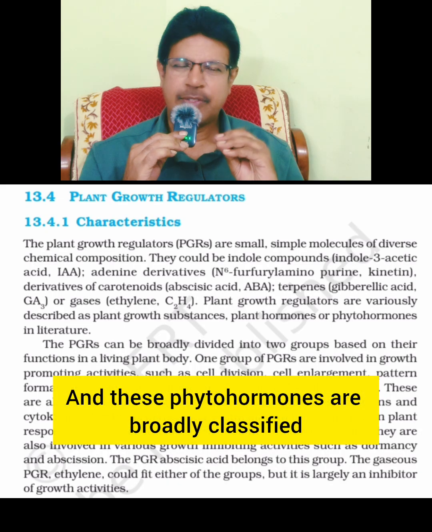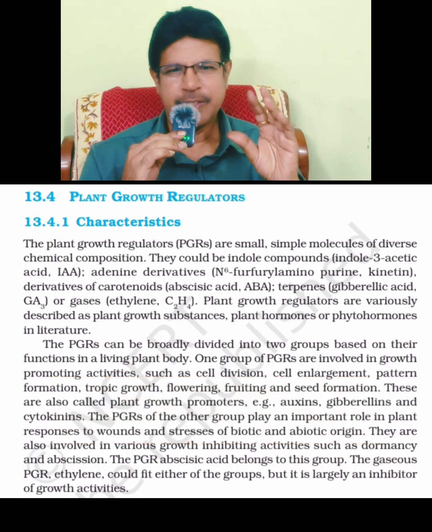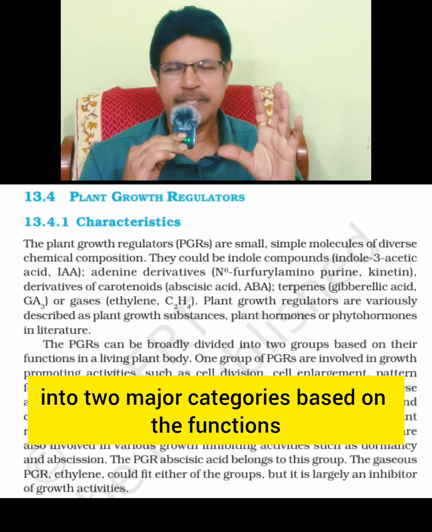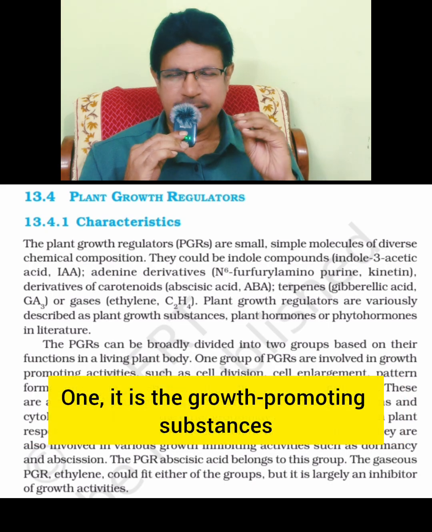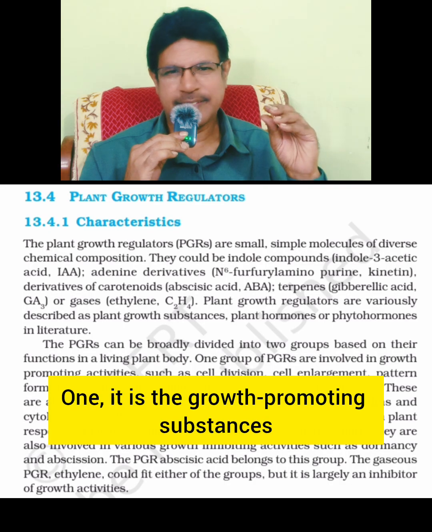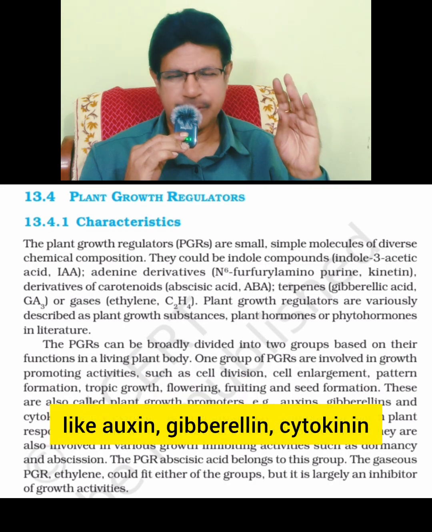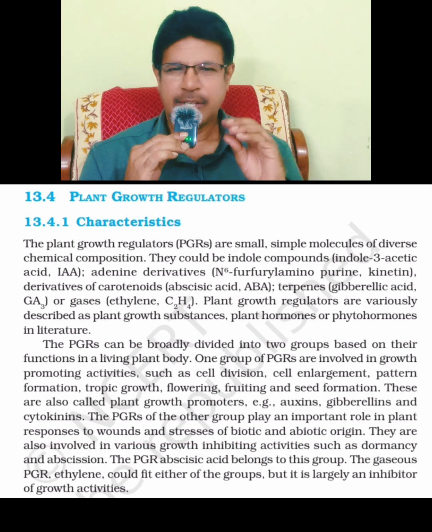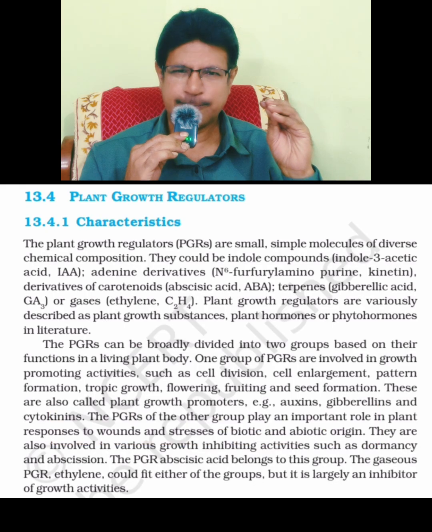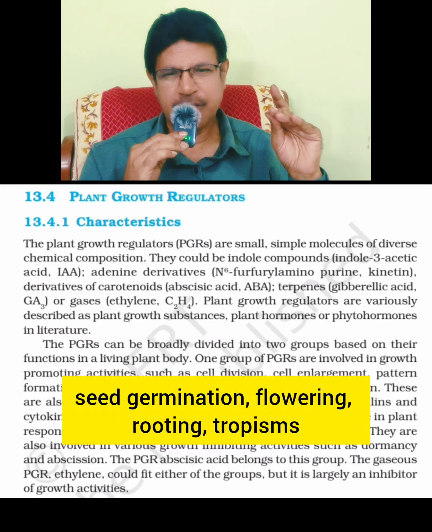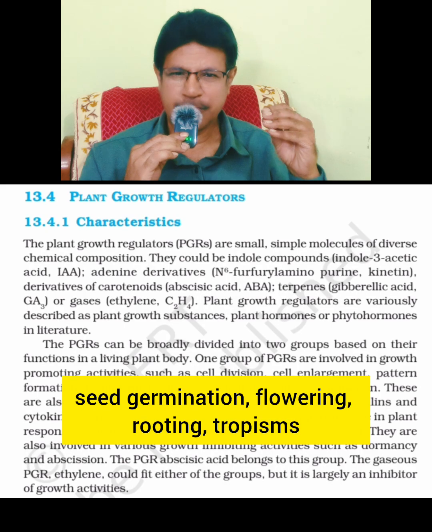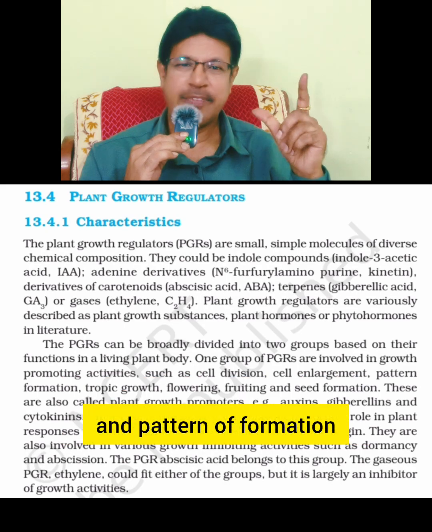These phytohormones are broadly classified into two major categories based on the functions. One is the growth promoting substances like auxin, gibberellin, cytokinin. Growth promoting substances means involved in cell division, cell elongation, seed germination, flowering, fruiting, tropisms, and pattern formation.